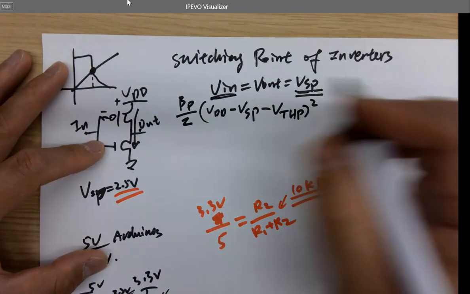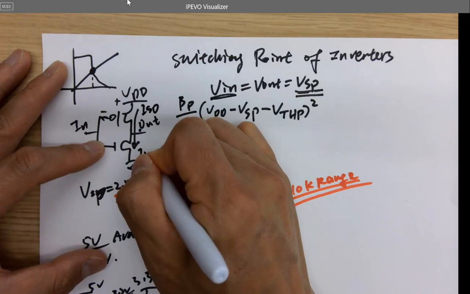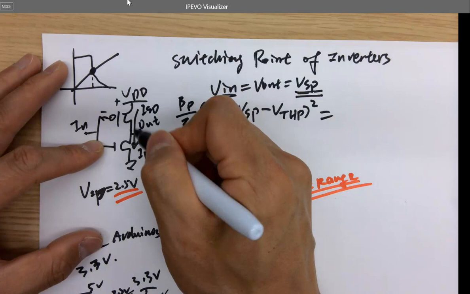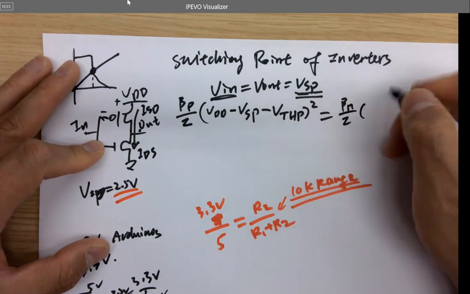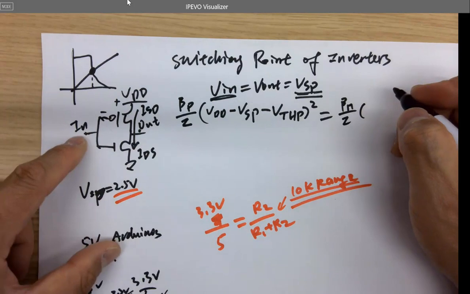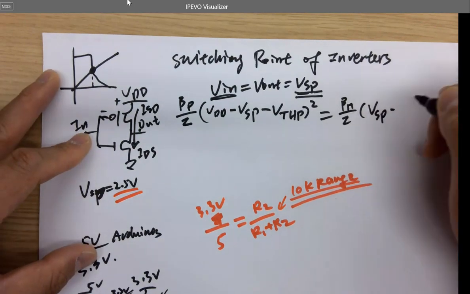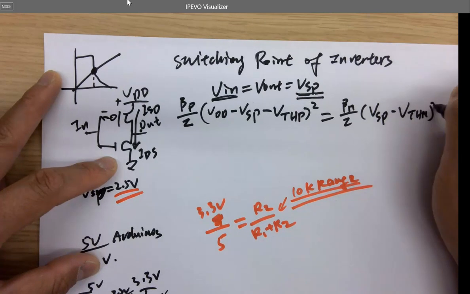That's ISD. And then you can calculate IDS as well. They are equal because it's one channel, flowing current from top to bottom. So IDS is beta N over 2 times V in, which is also VSP, minus VTHN, squared.